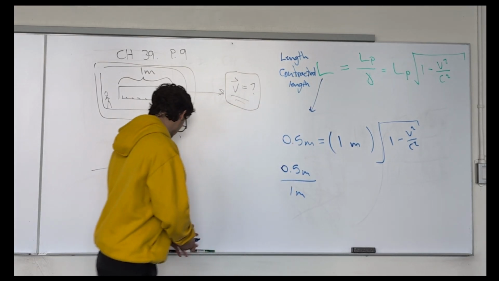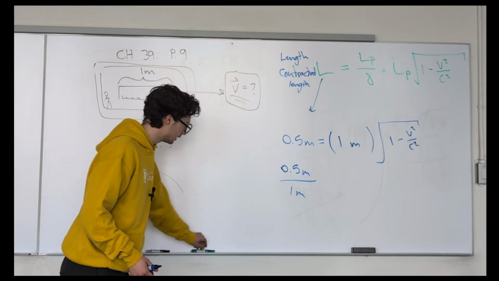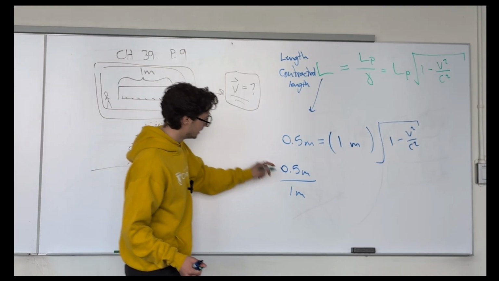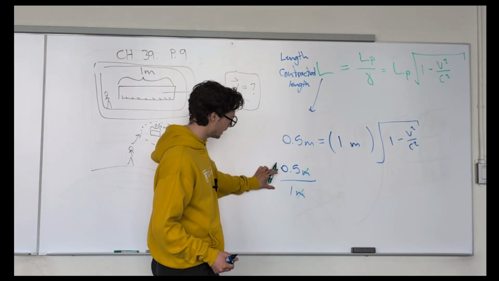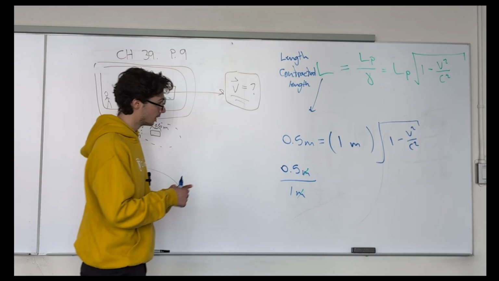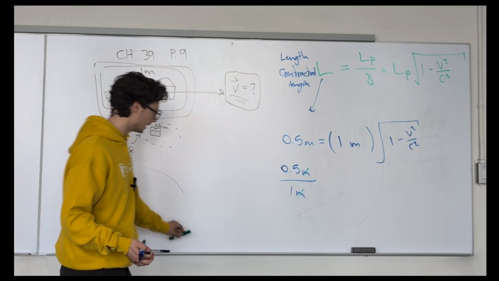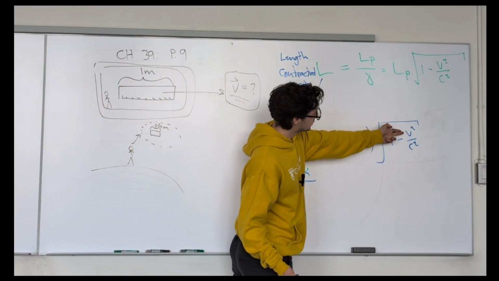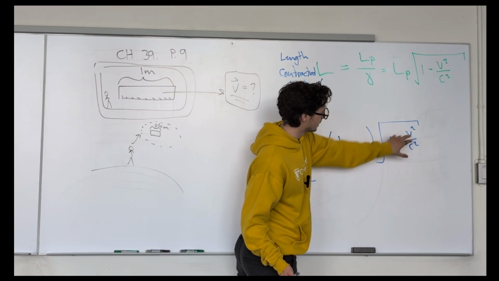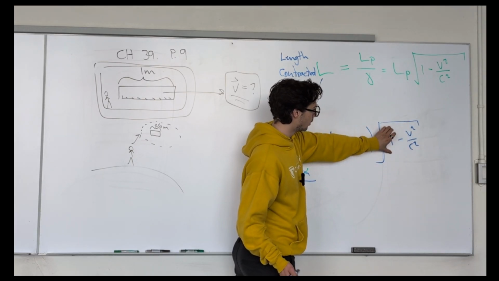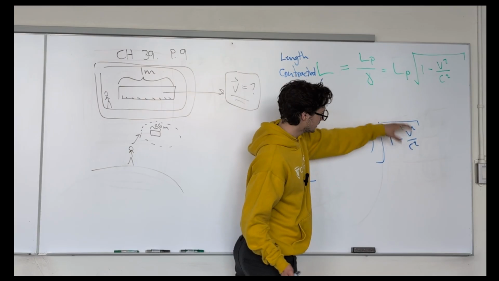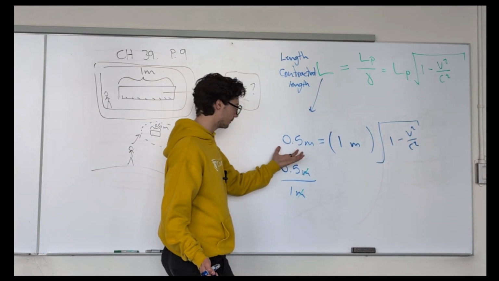I really like keeping units because here I can easily see that the units cancel out. Meters cancels with meters, and we get a ratio, a unitless quantity, which, as you'll see, is the case here. Velocity squared divided by velocity squared is unitless. 1 is unitless. 1 minus something unitless is unitless. Square root of something unitless gives you something unitless.